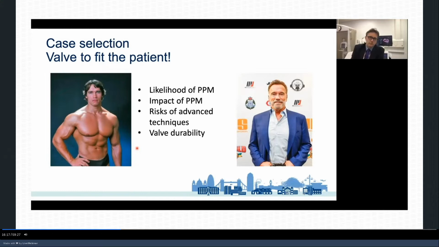This guy who has bicuspid aortic valve disease is going to require potentially a different surgical approach at this stage in his life than he is in this stage of his life. In making these considerations, there needs to be discussion about the risks of advanced techniques, which obviously potentially carry a slightly higher risk, and also considerations of valve durability.